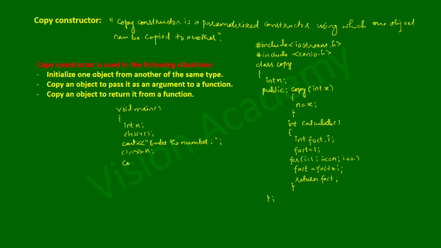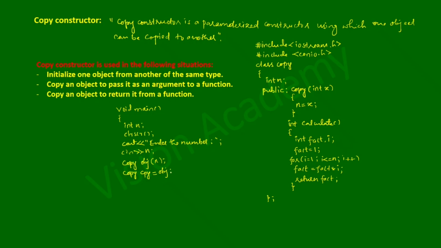Next, I'm going to write here name of the class, copy. Then I'm going to use obj object, and we're going to pass this particular variable as an argument to the constructor. Now we are going to create one more object of the same type called cpy, and it is equated with obj.